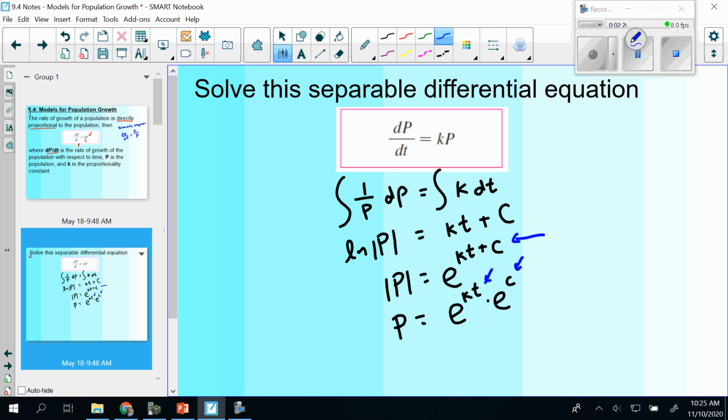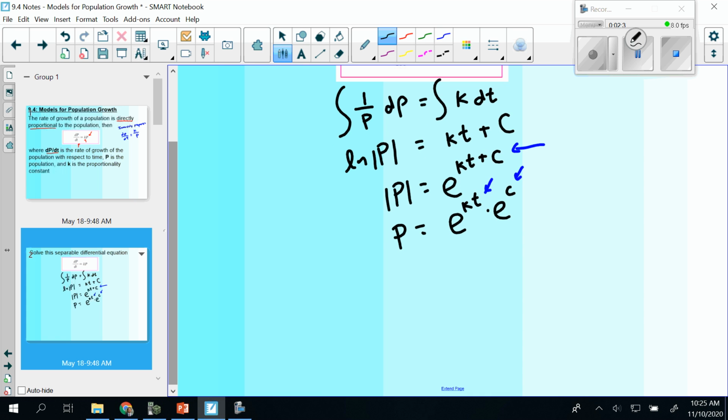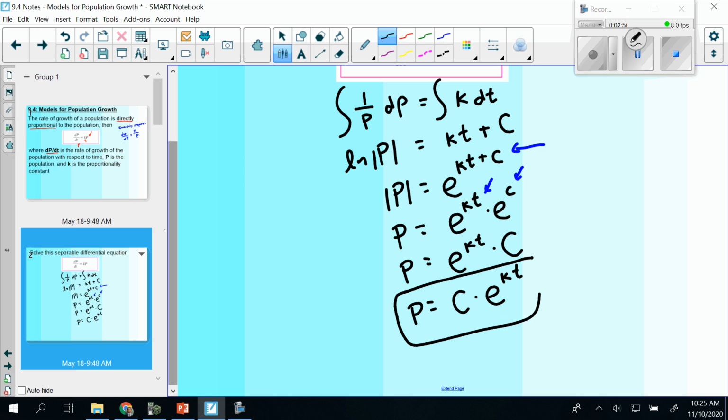That would be what we have right up here. Well, e to the c, e is a constant, c is a constant, so that's just another constant. So I'm going to just make this into another constant. Let's use capital C. So that means our population here is some constant times e to the kt, and that is our equation for population growth.